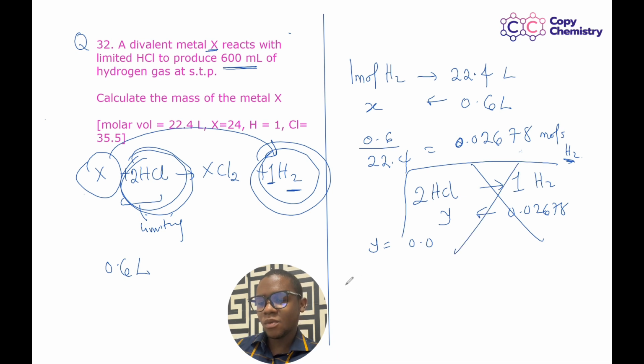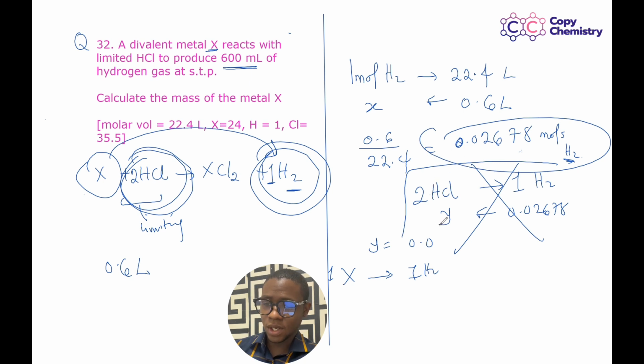So if 1 mole of X produces 1 mole of H2, that just tells us that this moles of H2 is also the moles of the metal X. Okay, so it means that moles of X is 0.02678 moles.